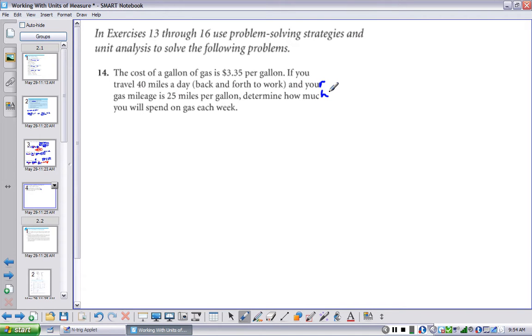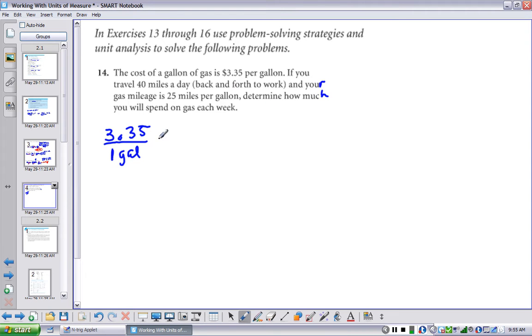Okay, so we start off that gas is $3.35. Remember, per 1 gallon of gas. Per means we're going to draw our division symbol. And it also tells us that your gas mileage is 25 miles per gallon.